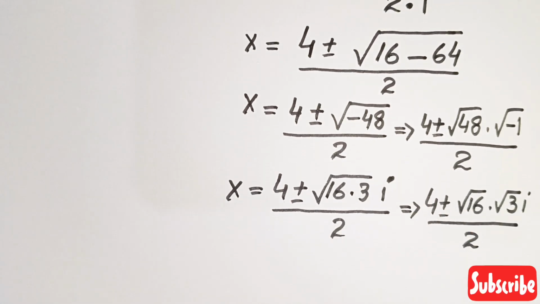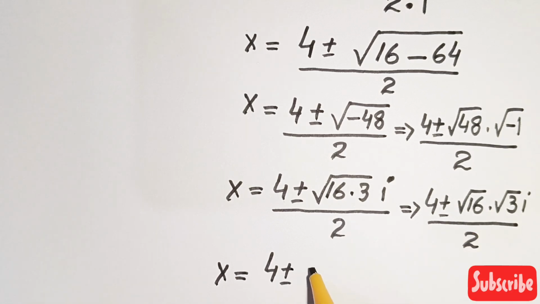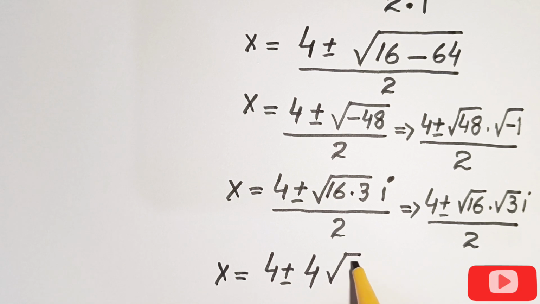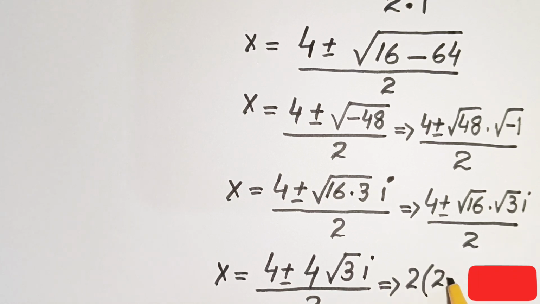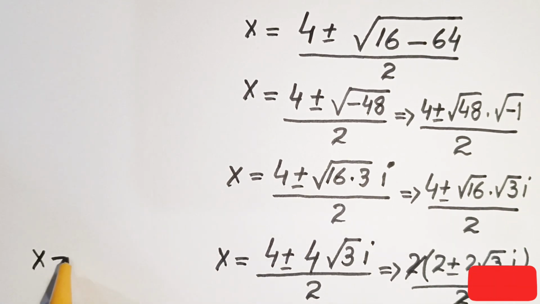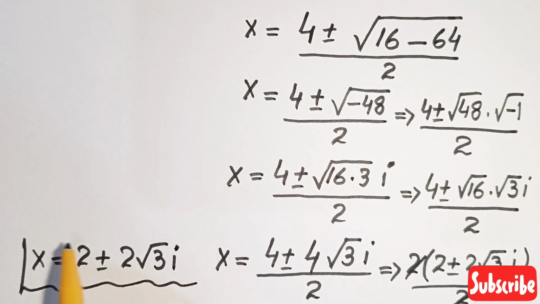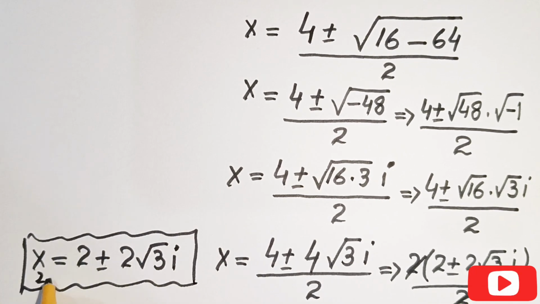Square root of 16 is 4, so we have minus 4 plus minus 4 square root of 3 i, all over 2. Taking 2 common and cancelling 2 with 2, we have x is equal to minus 2 plus minus 2 times square root of 3 i. So it is our value of x2 and x3.